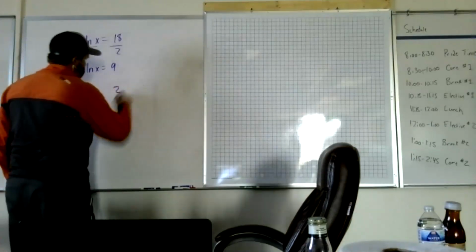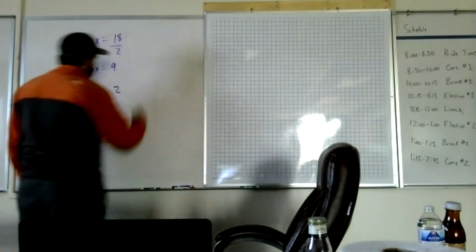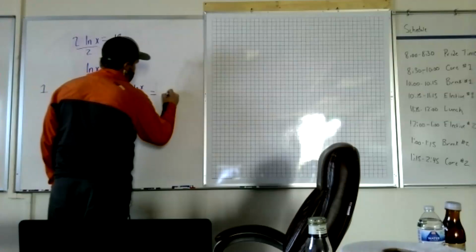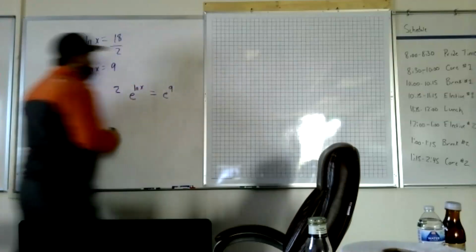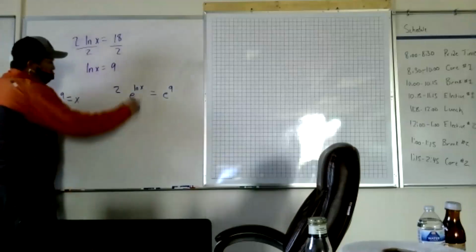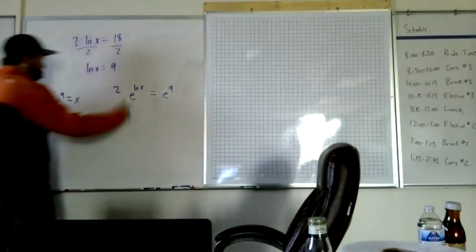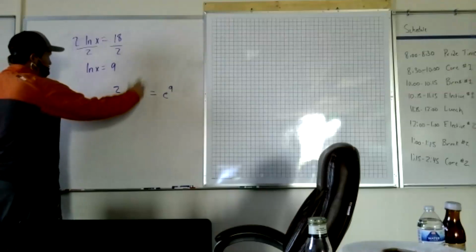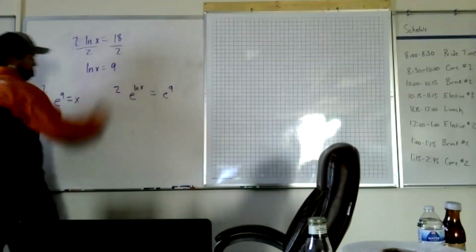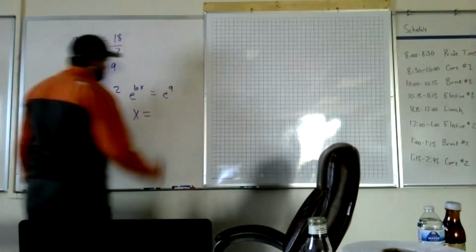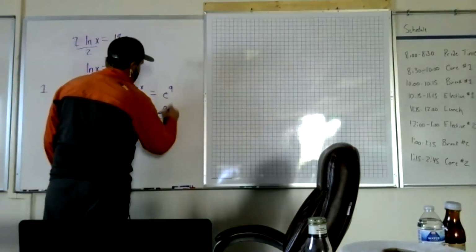So the second option is to exponentiate: e to the natural log of x is equivalent to e to the 9th. This allows the inverse property, which eliminates the log, and I'm just left with x on one side and e to the 9th on the other.